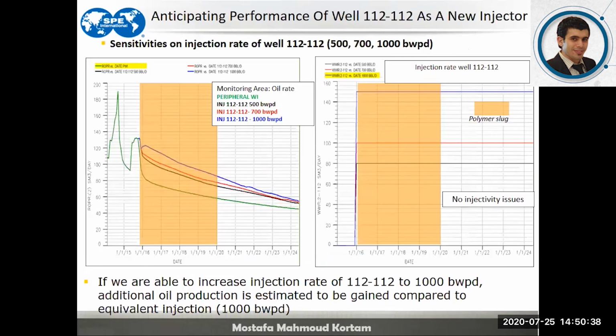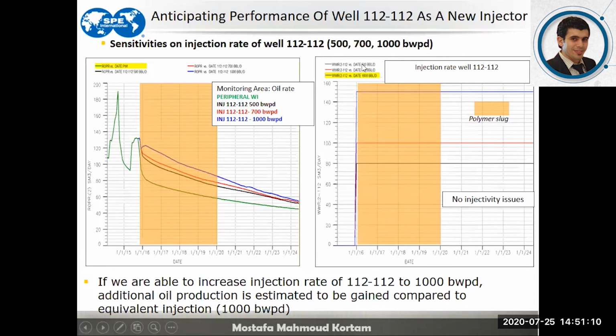Furthermore, there was an investigation not only of peripheral and dispersed water injection with water only, but also of the effect in case we inject a polymer. So choosing the new infill well, the injector well 112-112, we did some sensitivity on different injection rates. We didn't find any issue with the injectivity.